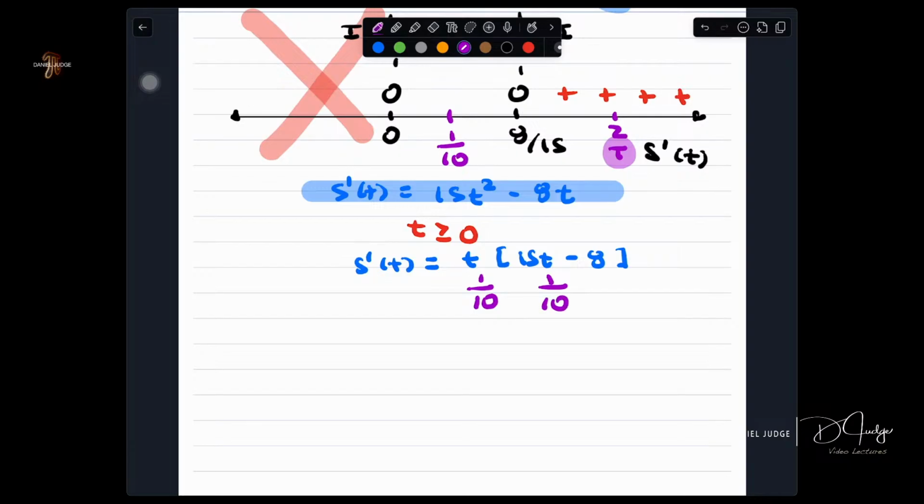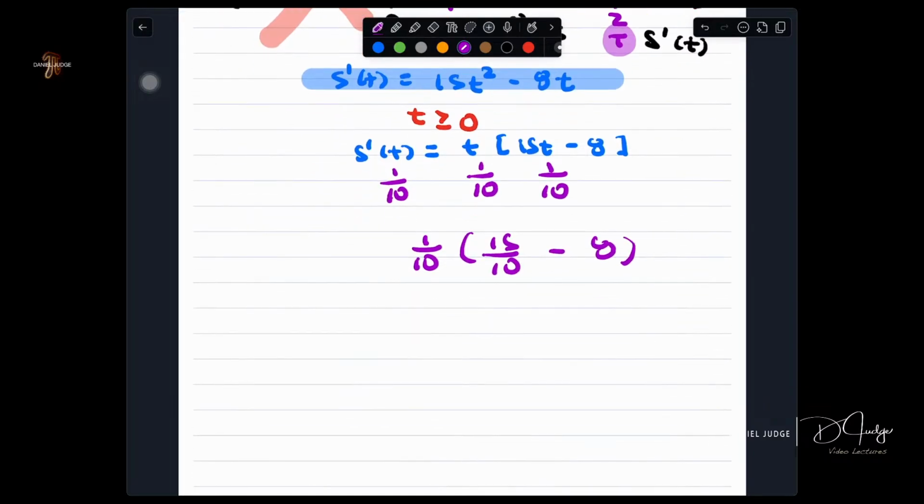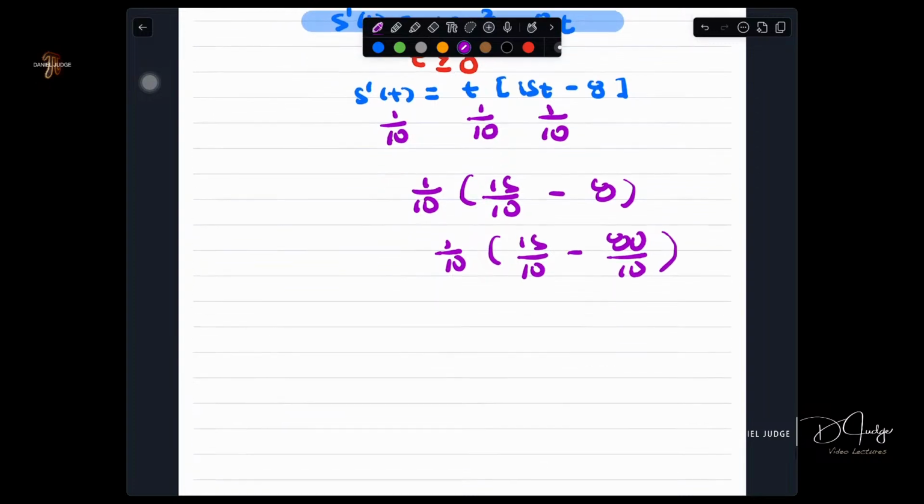Plug in 1/10 now. Wherever there's a t, you get 1/10. 15/10 minus 8, which is 15/10 minus 80/10. And that'll be a 1/10 times a negative 65/10. So this answer is negative.